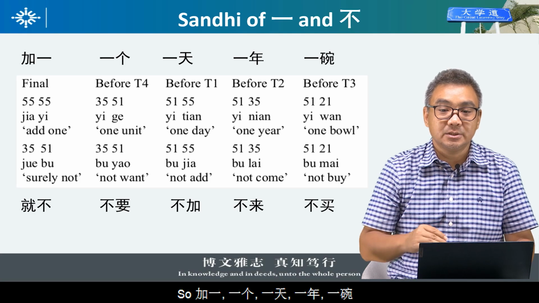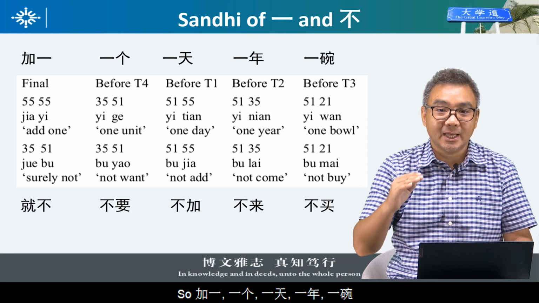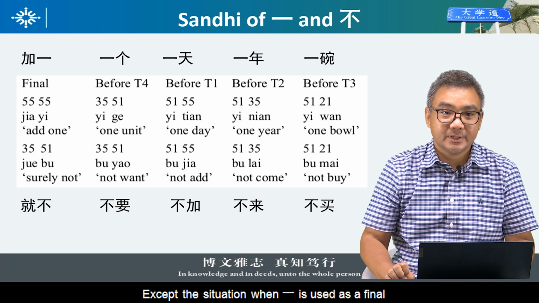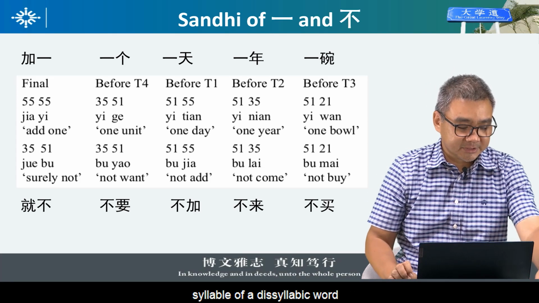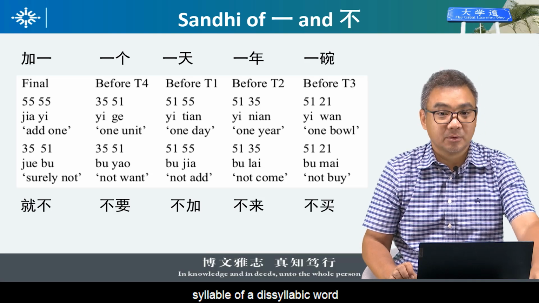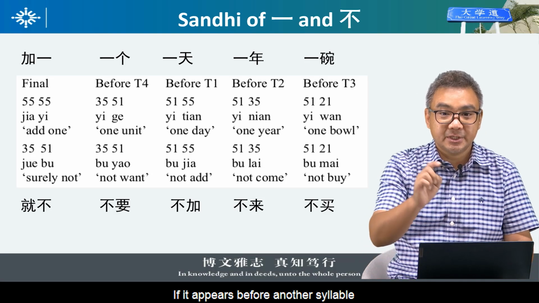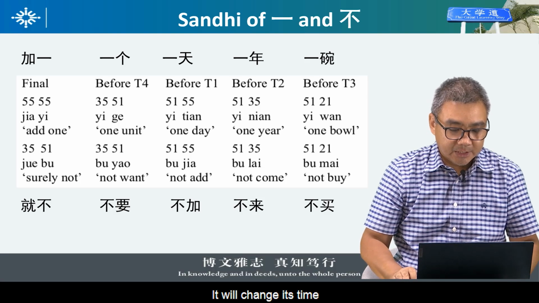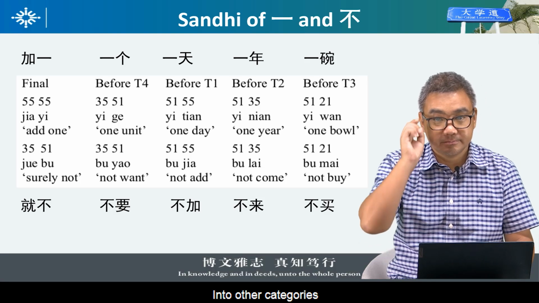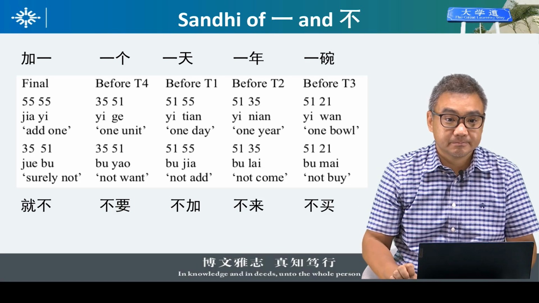So 加一, 一个, 一天, 一年, 一晚. Except in the situation when yi is used as the final syllable of a disyllabic word. If it appears before other syllables, it will change its tone into other categories.